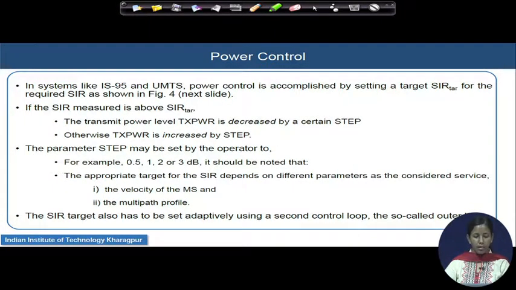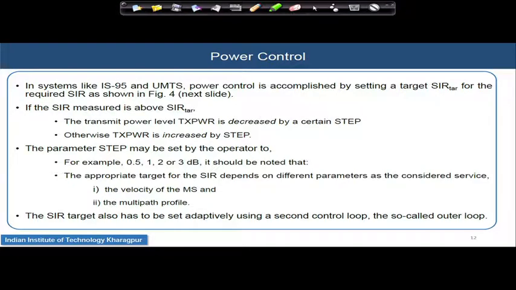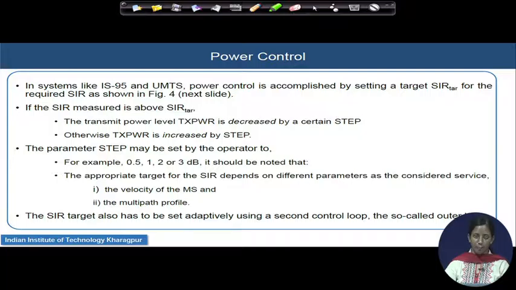So, systems like IS-95 and UMTS do the power control mechanism in 2 steps. The steps I will show in the next slide, but finally there is a target SIR set first, and if the SIR that we are measuring in the receiver is above the target SIR, then the transmit power level will keep on decreasing, and otherwise it will be increasing by a small step.